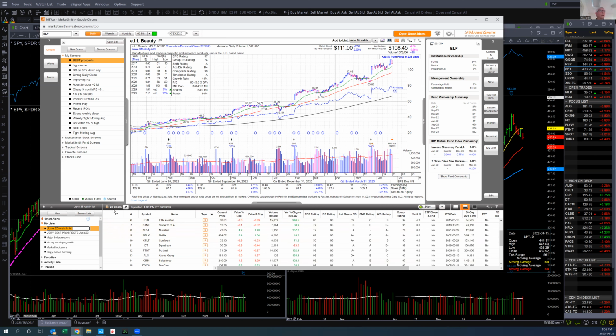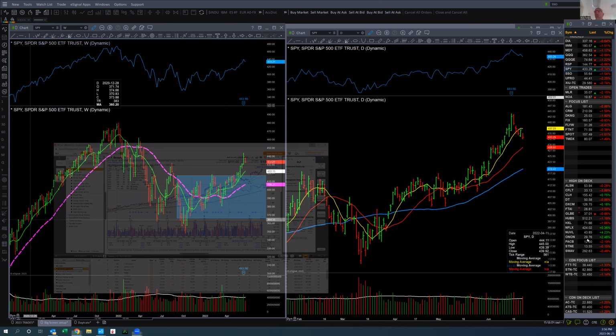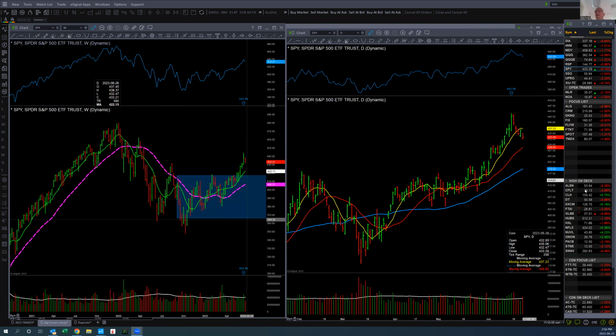Now I've narrowed this list down to 23 items. I basically do the same as I do with the Canadian side: I dump these all into what's called a high on deck list. I've gone through this and pulled out of this high on deck list 8 of them that were what I would call focus.